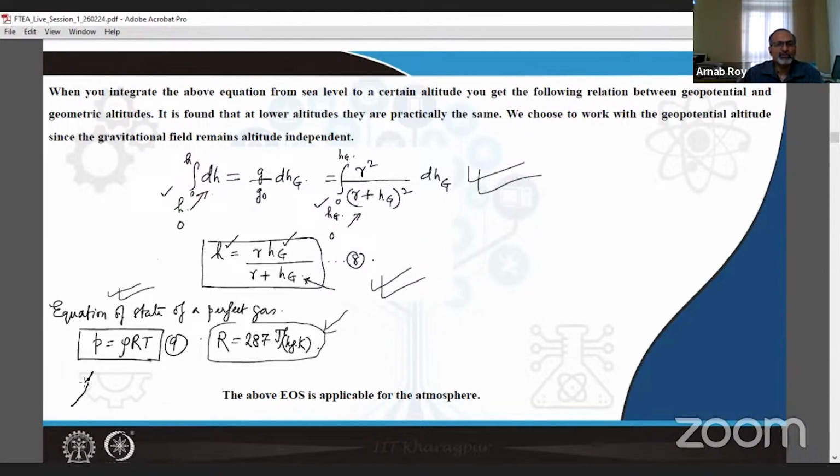Coming to the equation of state, we assume the medium to be a perfect gas, and P equal to rho RT is what we use, and we assume the specific gas constant as 287 joule per kg Kelvin. So you have to be careful about the units.